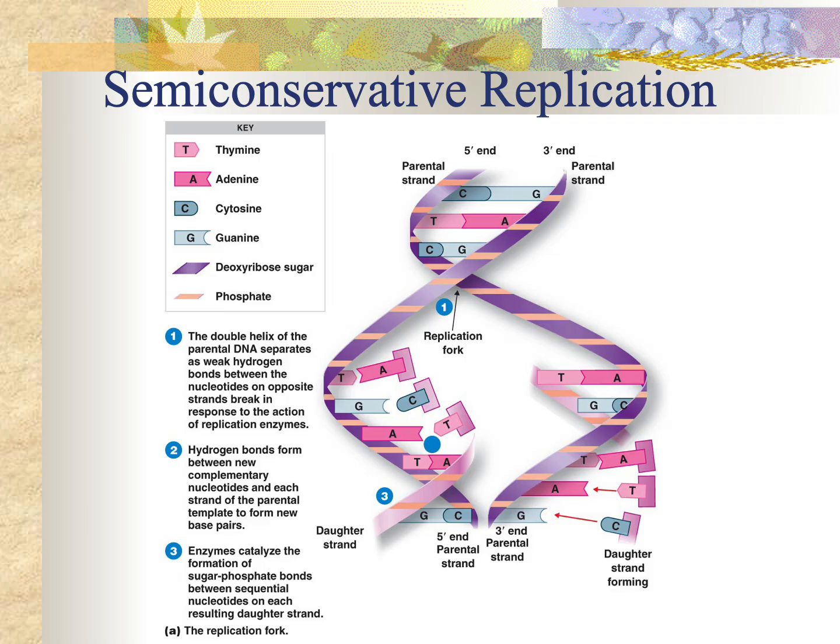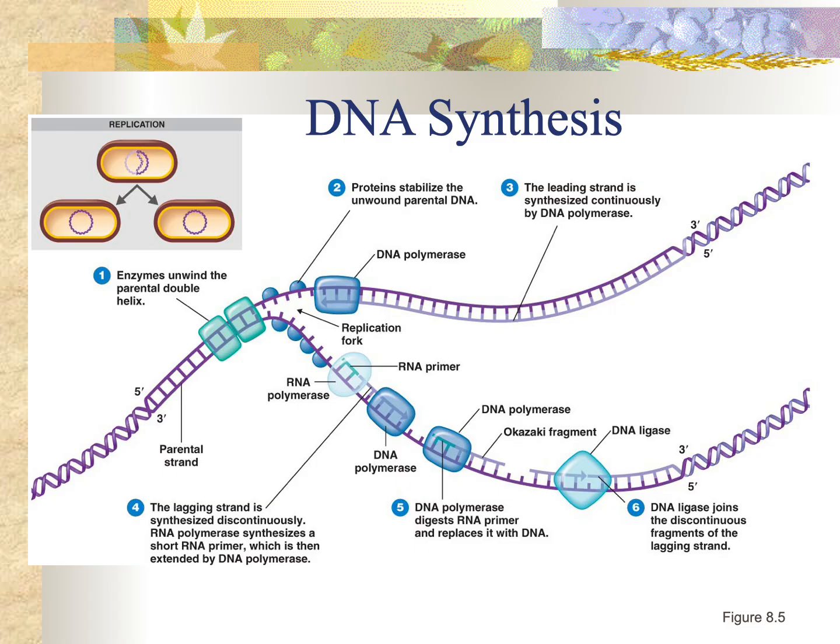This replication fork is actually pretty complicated. It involves a bunch of enzymes working together. Enzymes have to unwind the two DNA strands. This is done by helicases.